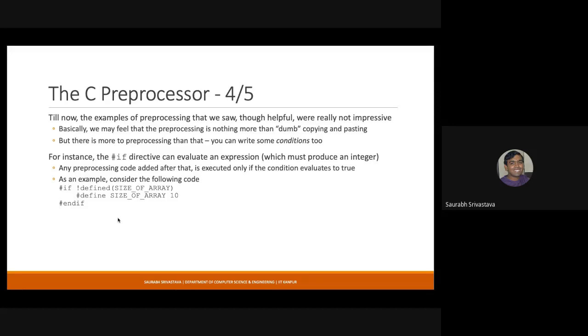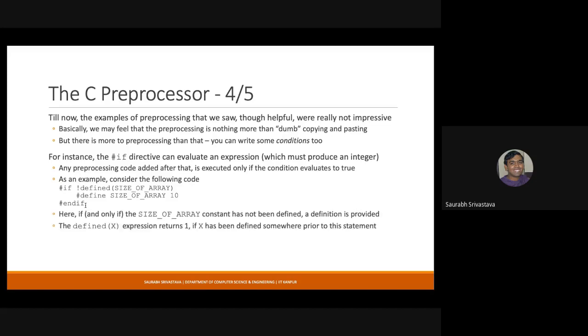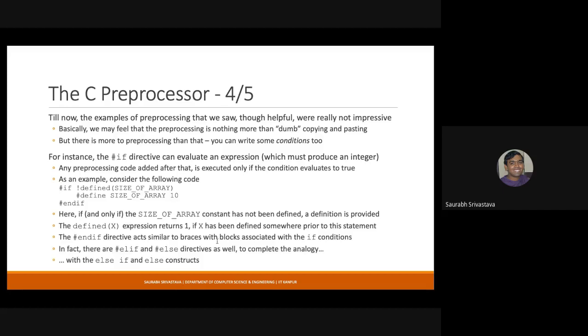You put a condition which must evaluate to an integer, then whatever you want done when the condition is true is added here, and then you do a hash endif. You can also have hash else and hash elif, similar to the if else ladder in typical C programming.